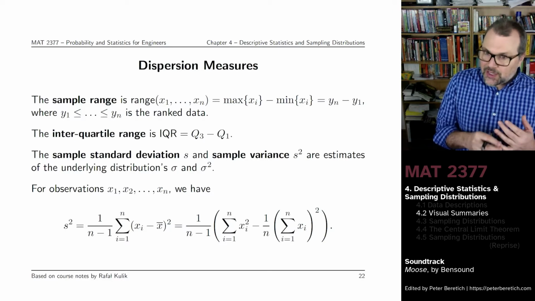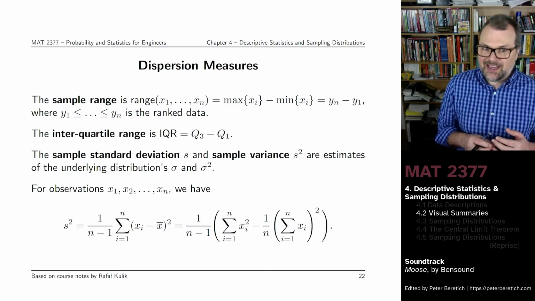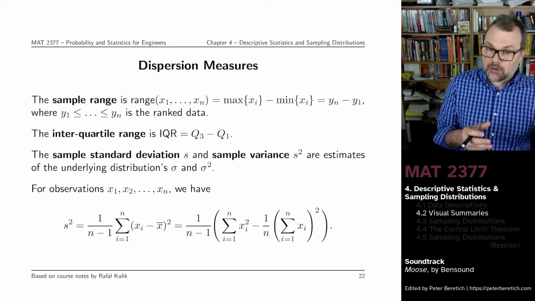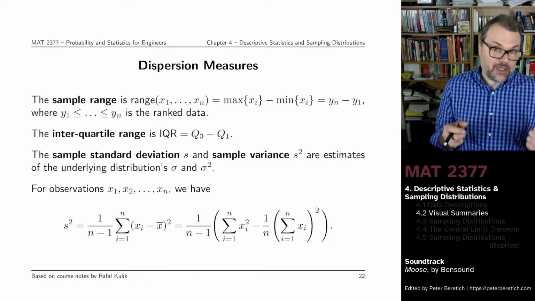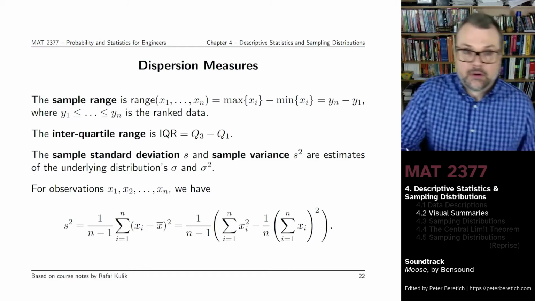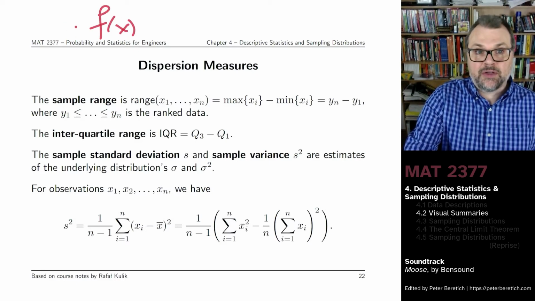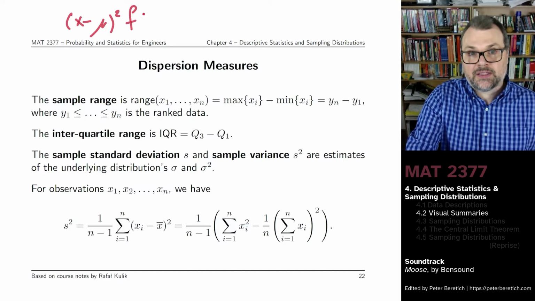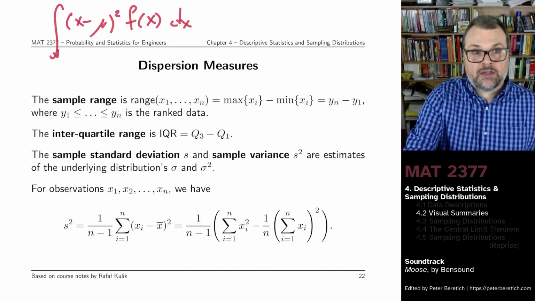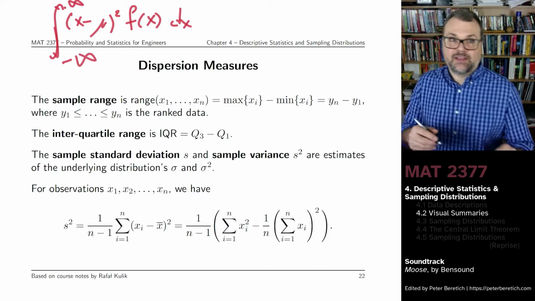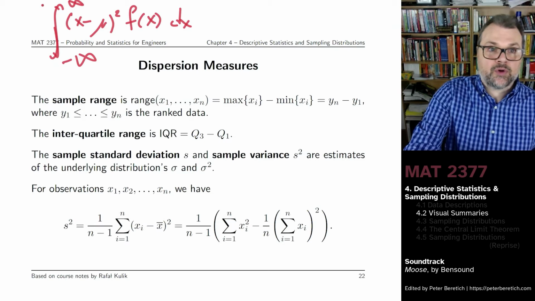The standard deviation is one such thing, but I haven't really told you how to compute the standard deviation for a sample. You know how to compute the standard deviation if you have a PDF f at x, right? You're going to be looking at x minus mu, the mean, squared times the probability density function, and you take the square root of that.